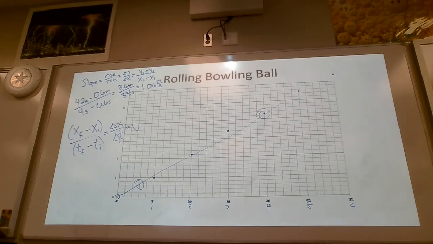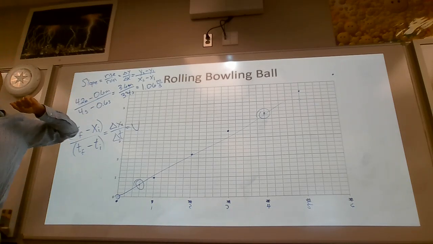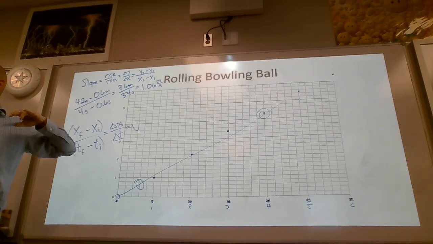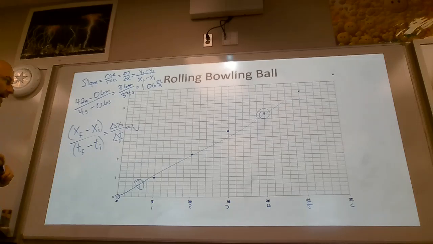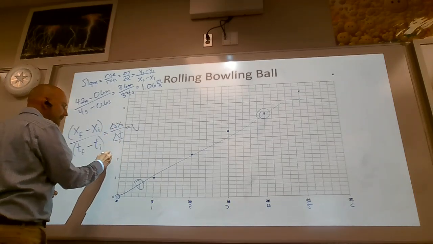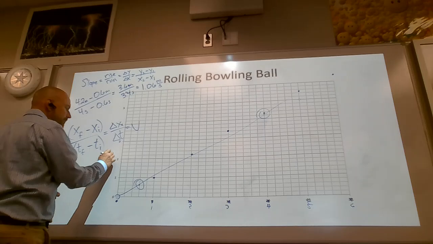Here's an even bigger picture. This is true for any and every graph that you come across the rest of your life. Okay. The slope is rise over run. If you want to figure out if the slope communicates anything, look at the units on the x and the y axis. Here on the y axis, this is position.